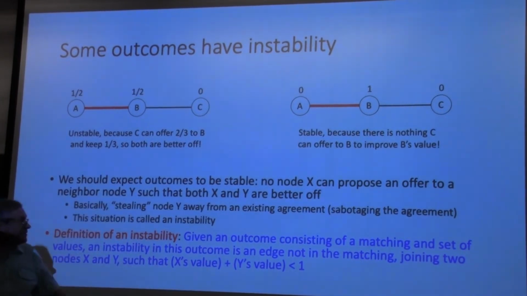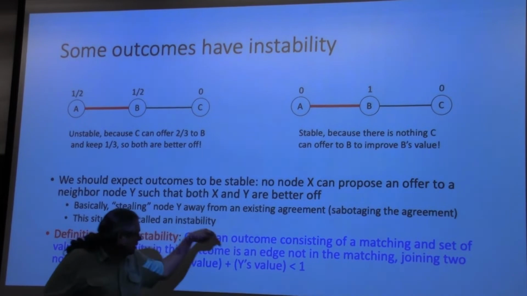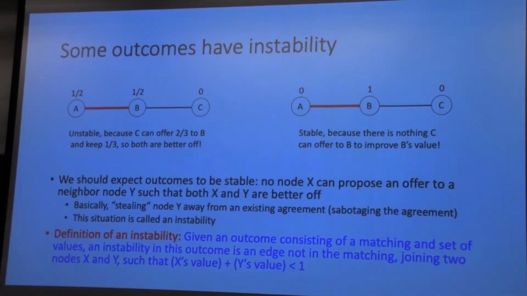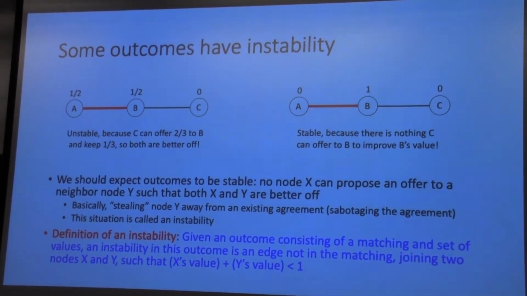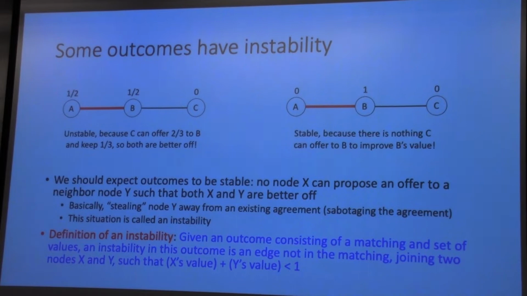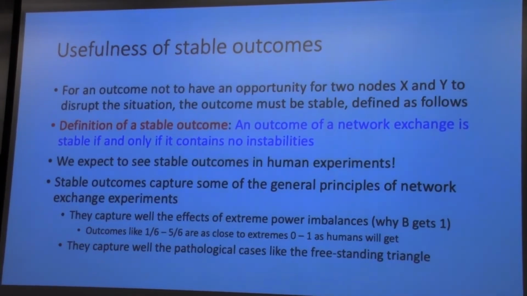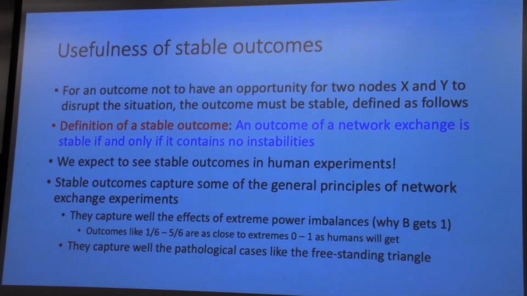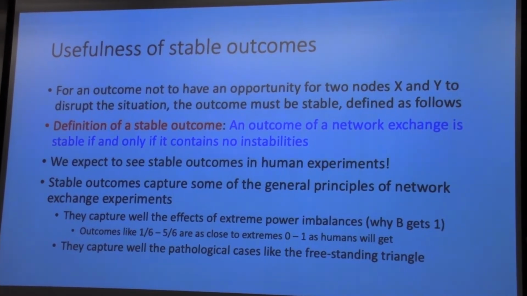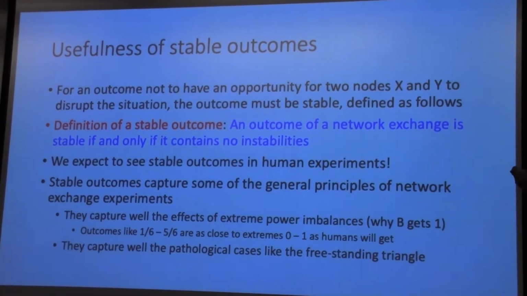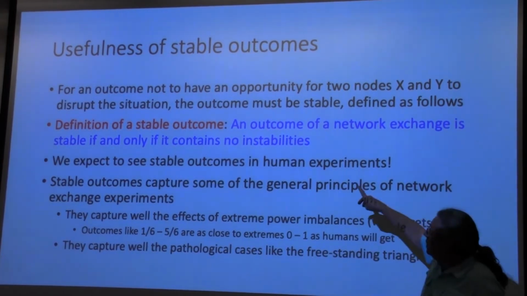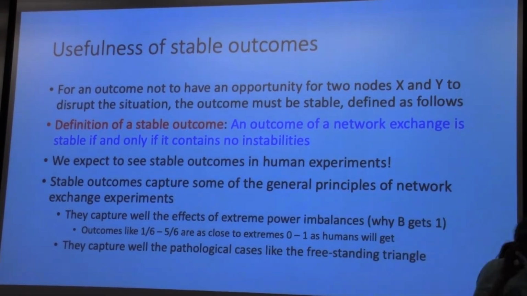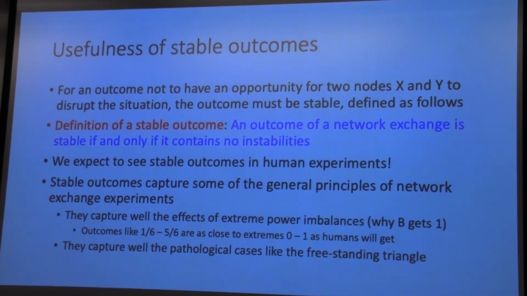If it's strictly less, there's a little surplus here which can be given to x and y. So that's unstable. Of course, you can't allow negotiation with instability. In real life, humans will take advantage of that. So for an outcome not to have this opportunity for stealing, for x and y to disrupt, it has to be stable. An outcome is stable if it contains no instabilities. There's no way to steal things.